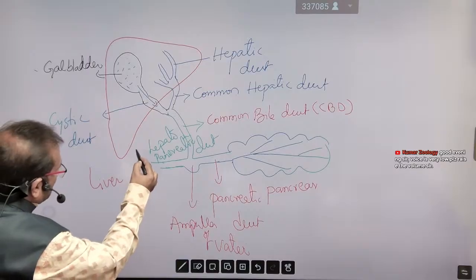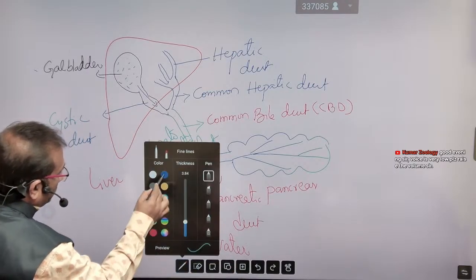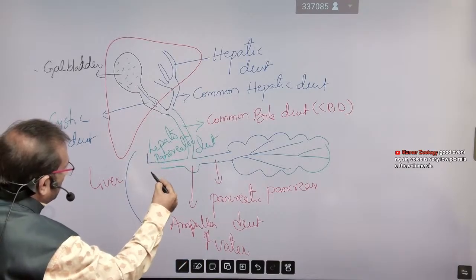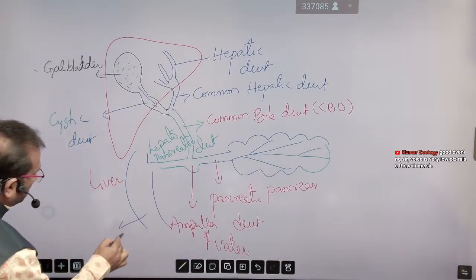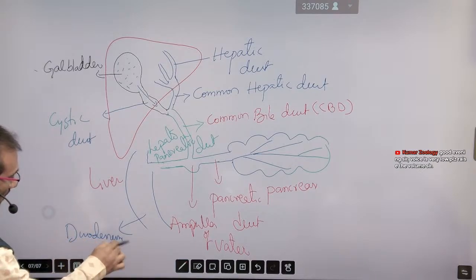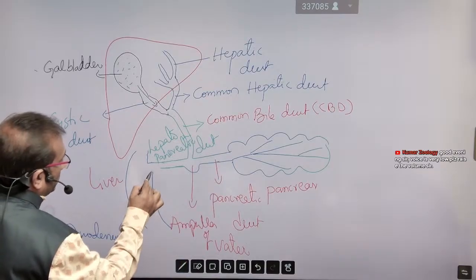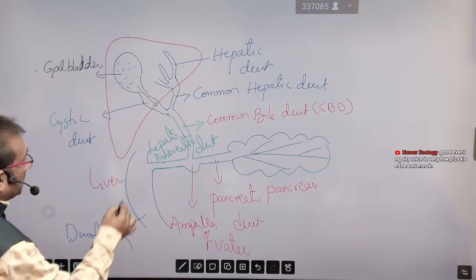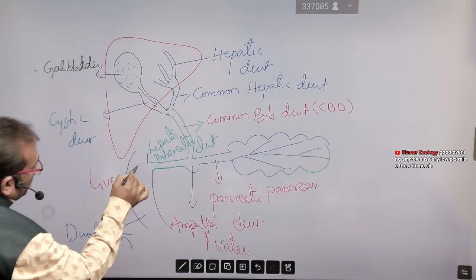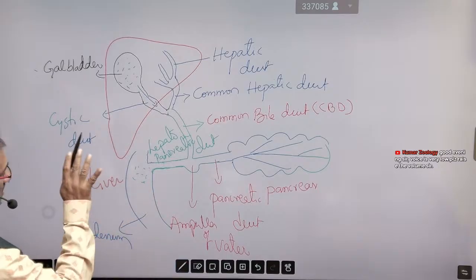This duct opens into the duodenum, the first portion of the small intestine, and the bile juice and pancreatic juice enter the duodenum.